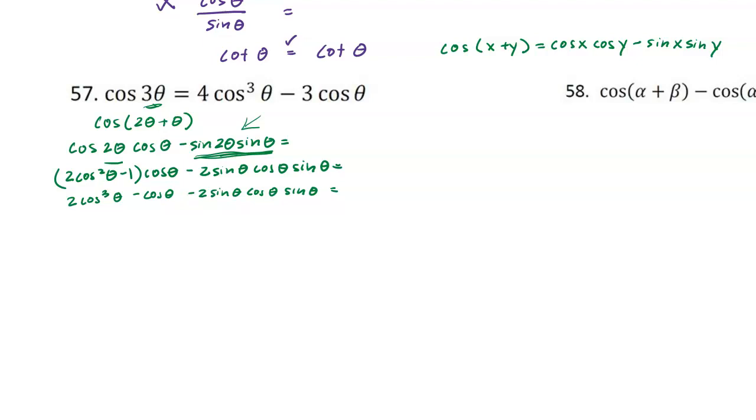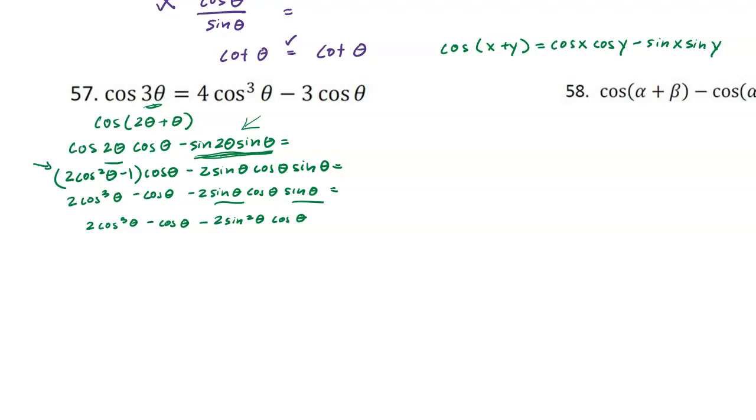Now what do? I think I'm in trouble. Oh no, I can do a sine squared theta. We have a sine and a sine. Cosine cube theta minus sine theta minus 2 sine squared theta and cosine theta. Now, if instead of that 2 cosine squared theta, I had a 1 minus 2 sine squared theta, I could have actually factored out a sine squared theta.